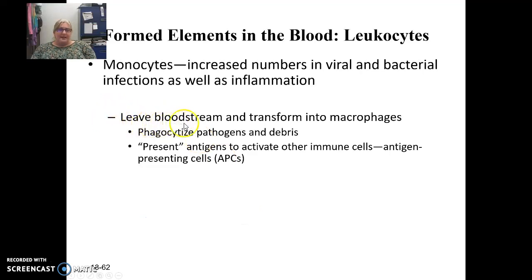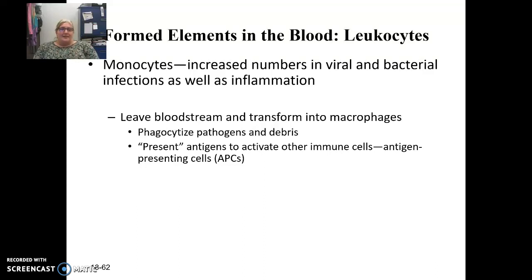Monocytes can be found within our body tissues as fixed, or they can move from one place to another place. These are known as wandering monocytes. But they convert into macrophages, and when they do this, they become very specialized at what they do, and they're basically the cleanup crew.